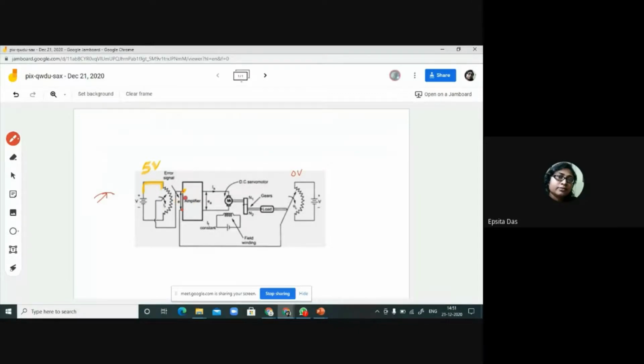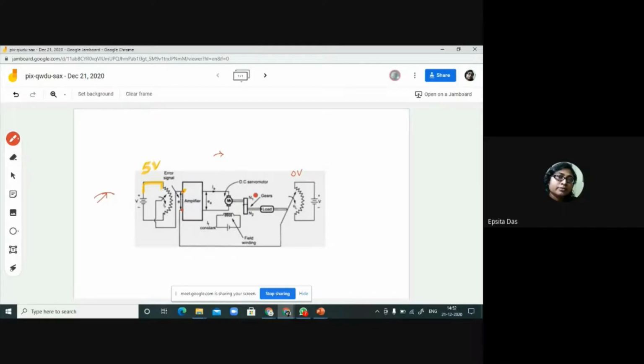Depending upon the amplifier gain, it is amplifying, and the motor can rotate. As the motor is getting this amount of EMF, the motor is going to rotate. Now, as the motor rotates, there is a gear train arrangement.